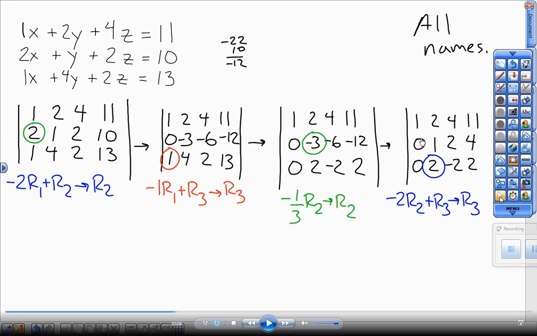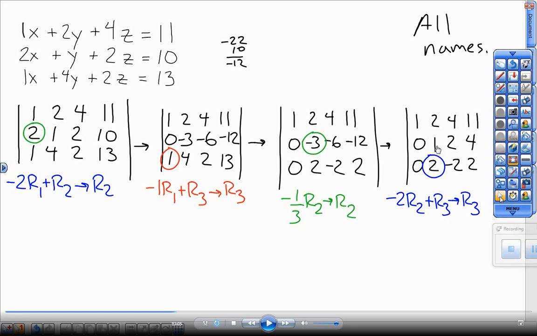If I would have tried to zero this out by using this top row, by maybe multiplying by -1, it would have caused this 0 to be a number. The beauty of this row is that the 0 here is not going to change, only these numbers.